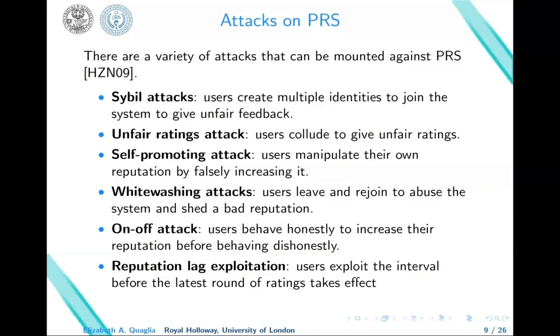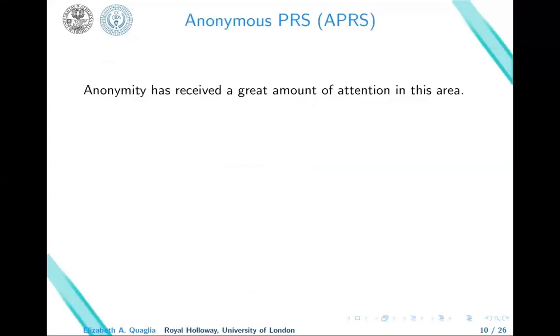So this is just a warning that not only do you have to define things very formally, you have to be aware that other types of attacks specific to this scenario exist, and you need to be aware of this when designing a PRS scheme. But one specific security requirement I want to focus on today is that of anonymity.